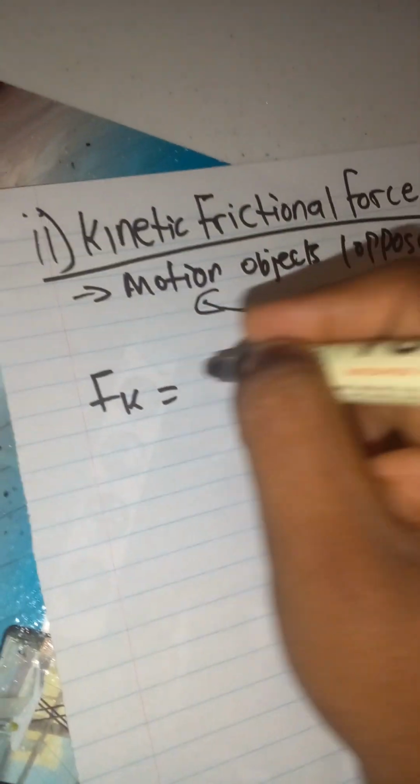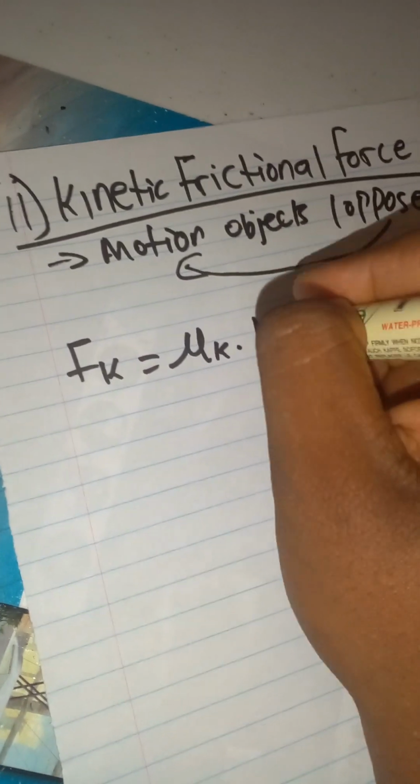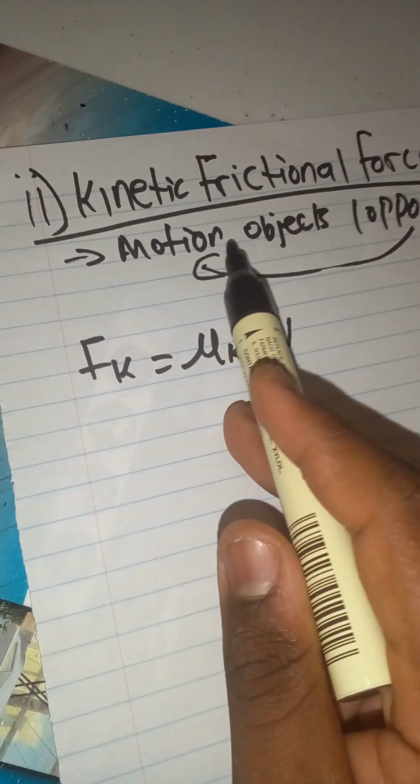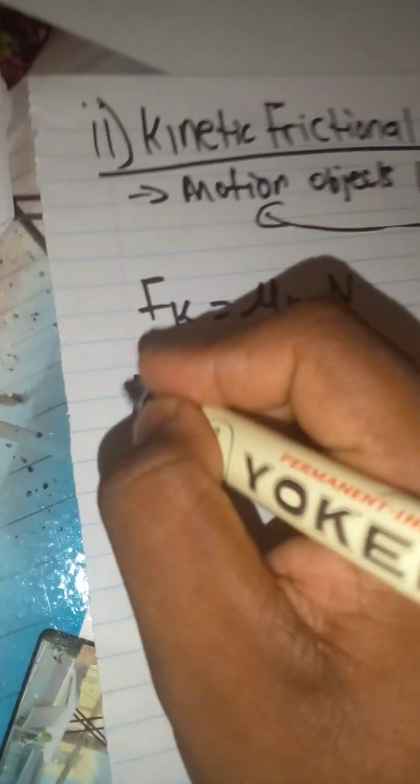The equation is Fk is equal to mu k times normal. It is similar to the static friction, the difference being that this one opposes motion of a moving object, and there is a mu k here. We know what the N is: the normal force.